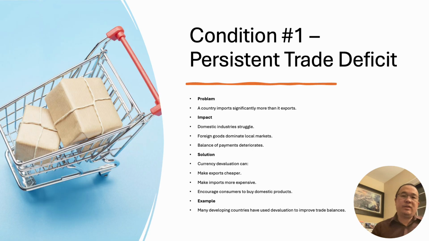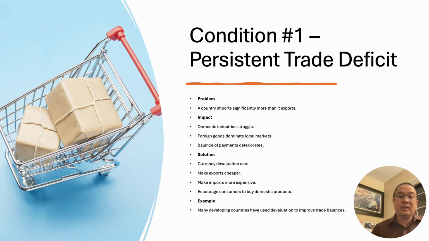A trade deficit occurs when a country imports more than it exports. So, for example, imagine Americans buy 1 trillion of foreign goods, but foreigners only buy 800 billion of American goods. The country has a 200 billion trade deficit.